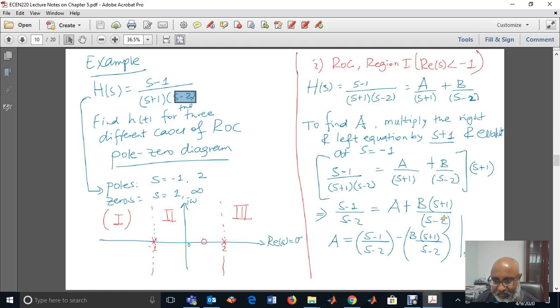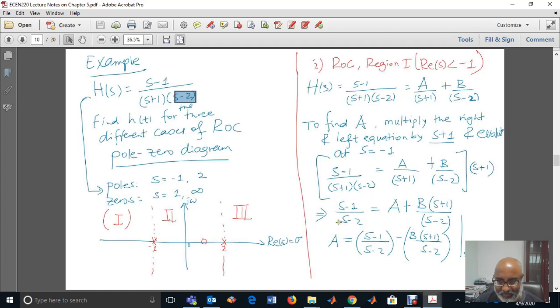Now, if we evaluate both the left equation and the right equation at s is equal to minus 1, the pole here, then minus 1 plus 1 is 0. So b will be eliminated, cancelled, and I will have only a.